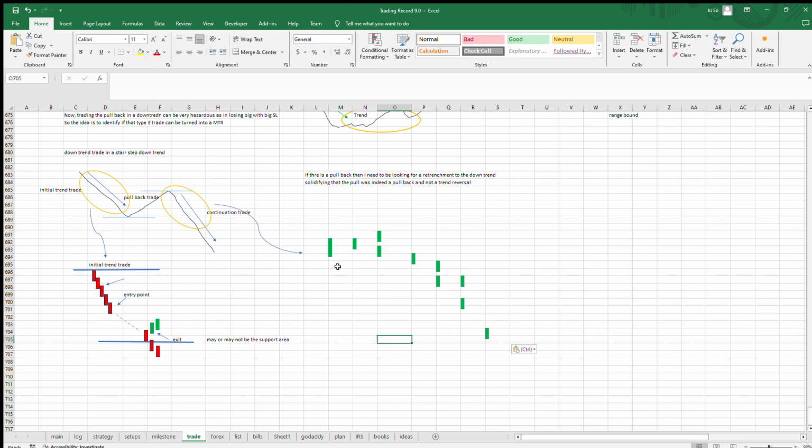The idea is, if I look at here, it's doing this, and it's doing this, and it keeps doing this, step after step. Okay.